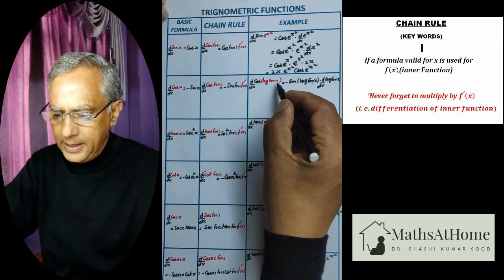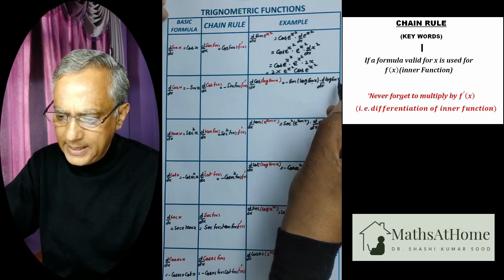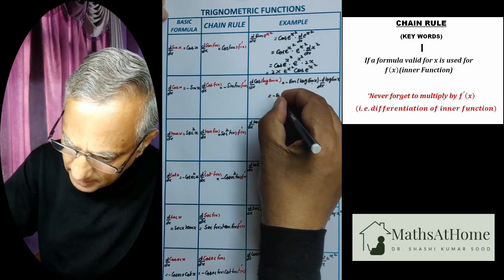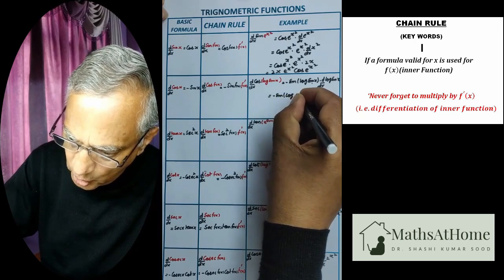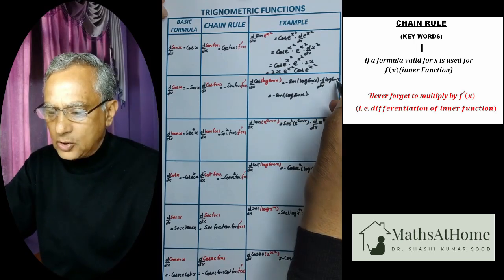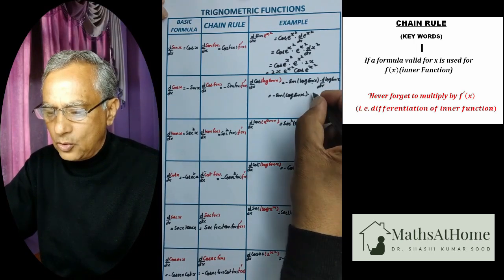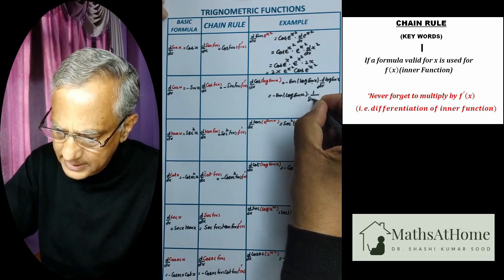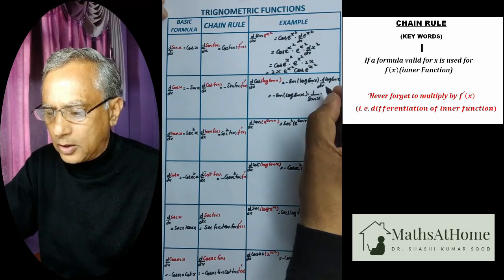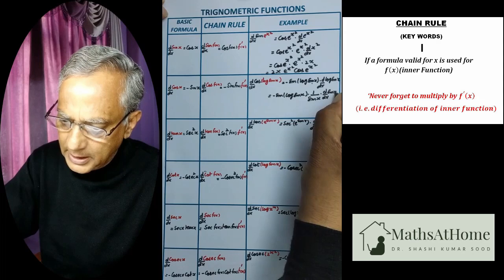Now again d by dx of cos log sin x. Now this is cos fx, so minus sin fx into d by dx of fx. So this is equal to minus sin log sin x and d by dx of log sin x. D by dx of log x is 1 by x, so d by dx of log sin x will be 1 upon sin x, and the formula for log x is being used for sin x, so we must multiply by d by dx of sin x.